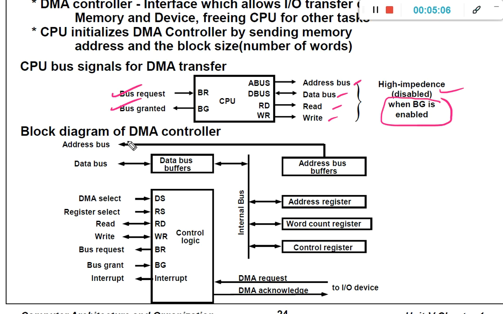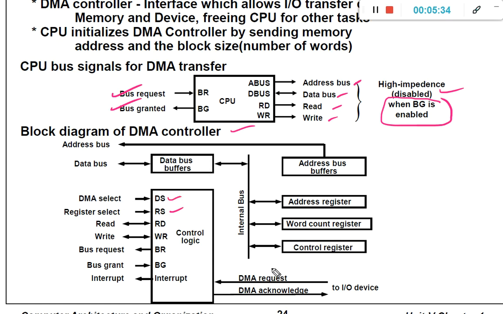In this diagram we can see the block diagram of the DMA controller. As far as the DMA controller is concerned, initially the DMA select as well as the register select, these two control lines, must be enabled so that the DMA controller can acquire control.